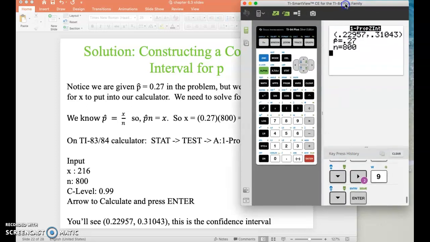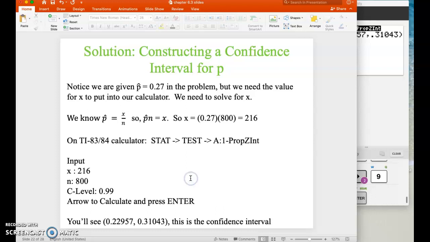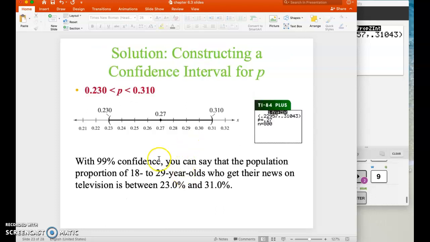You'll see we get 0.22957 and 0.31043 as the confidence interval. Rounding those values to 3 digits, we get 0.230 to 0.310 as our interval. So with 99% confidence, you can say that the population proportion of 18 to 29-year-olds who get their news on television is between 23% and 31%.